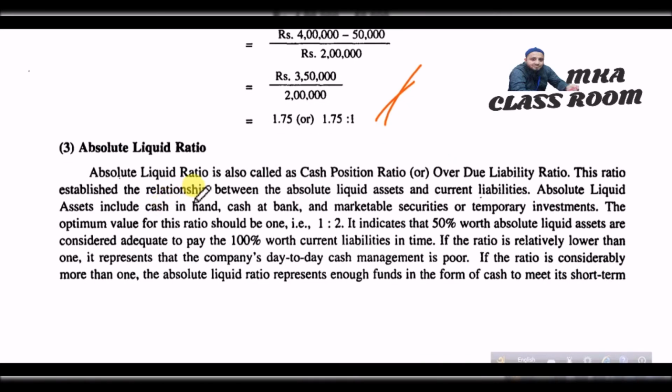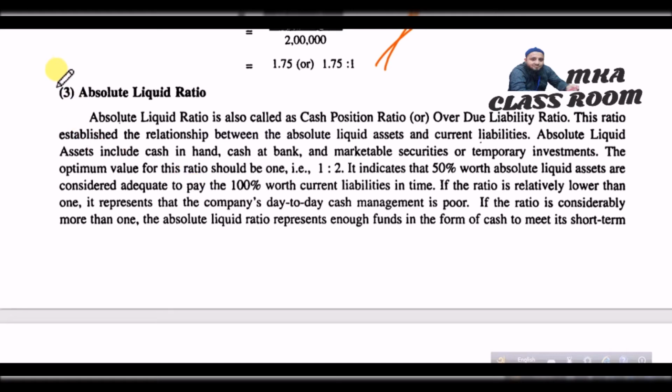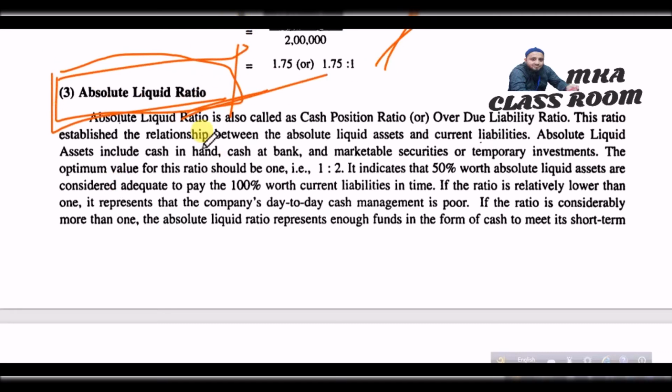After that we will see the absolute liquid ratio. Our point is absolute liquid ratio. Absolute liquid ratio is also called the cash position ratio or overdue liability ratio. This ratio establishes the relationship between absolute liquid assets and current liabilities.